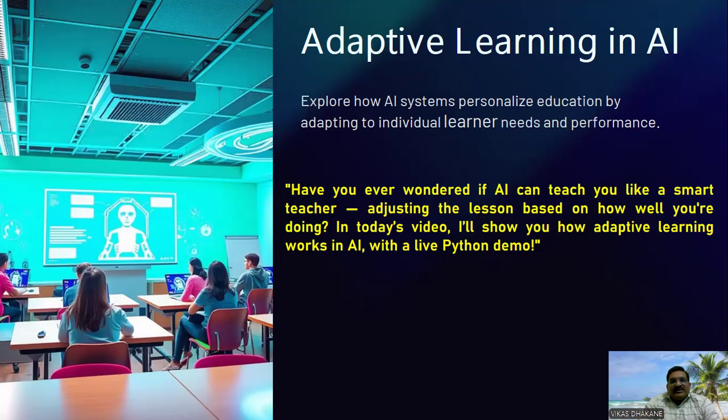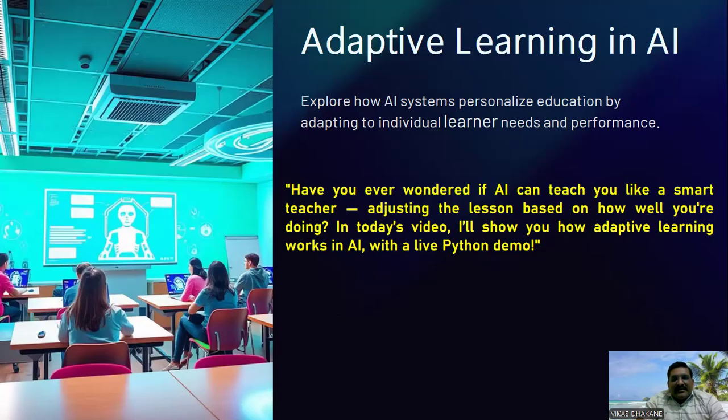We'll divide this topic discussion into three parts. First we'll discuss the theoretical part of artificial intelligence and adaptive learning in artificial intelligence. Then along with this, we'll discuss some real life examples, like analogies, using which you can easily understand the concept of adaptive learning in artificial intelligence.